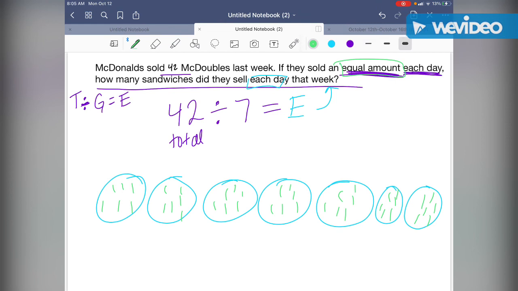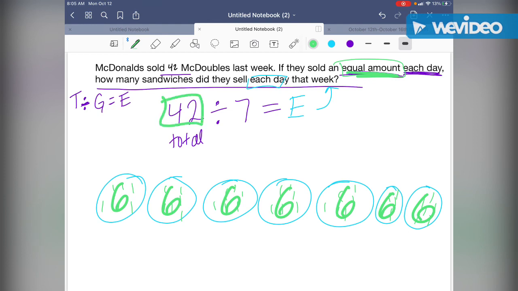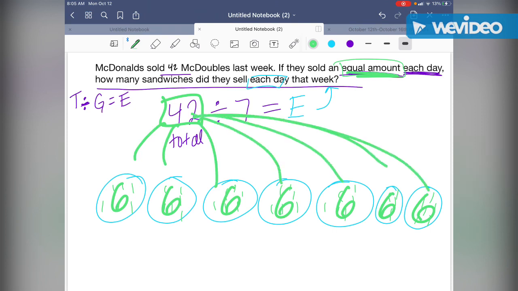There are 6 here, 6 here, 6 in each, because it's an equal amount each day. So I took this 42 and I divided it between these 7 days. Does that make sense?